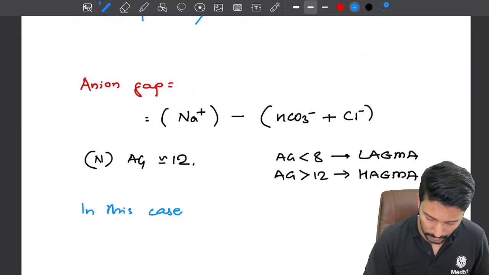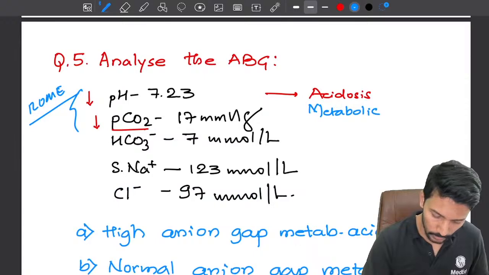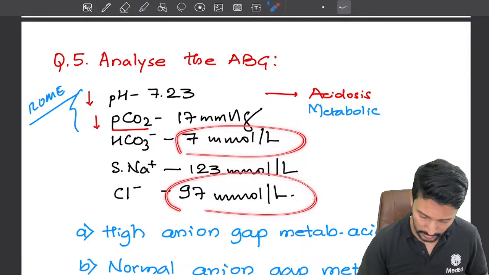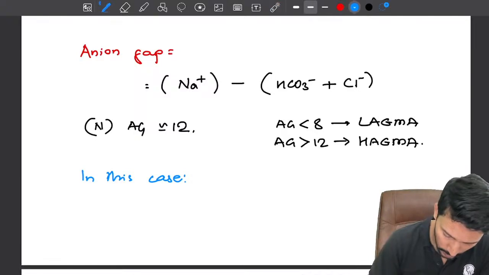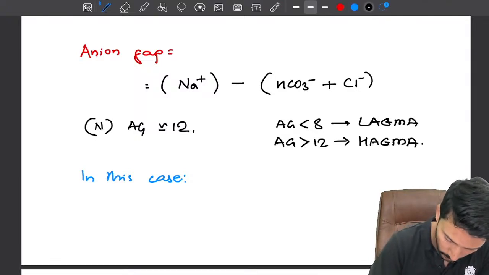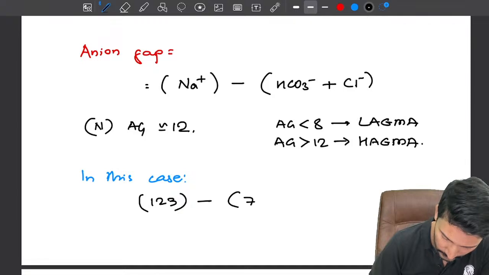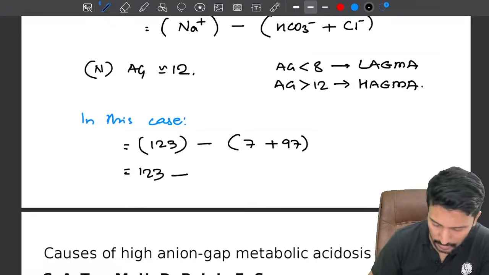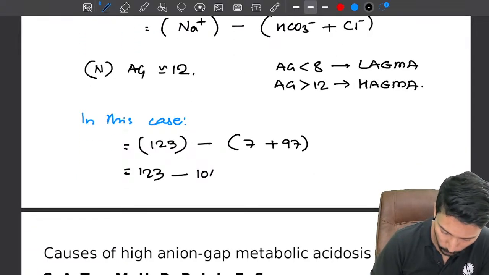We have the information of sodium. Sodium is 123, bicarb is 7, chloride is 97. So 123 minus the sum of bicarb 7 and chloride 97, which is around 104.